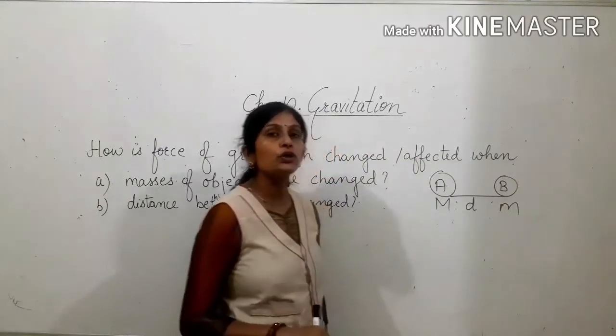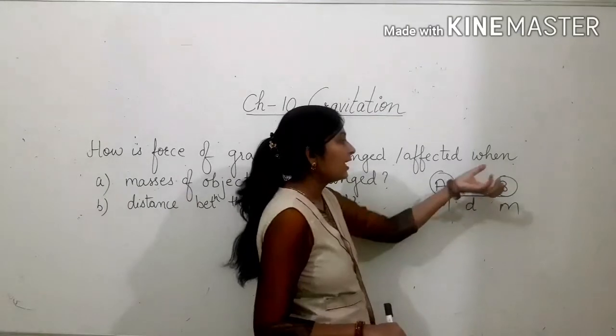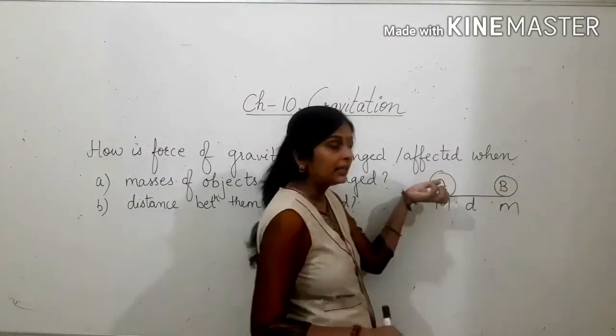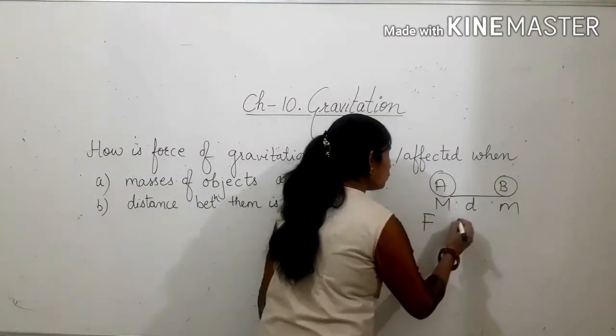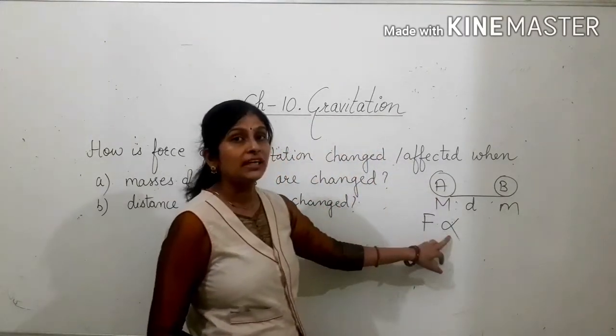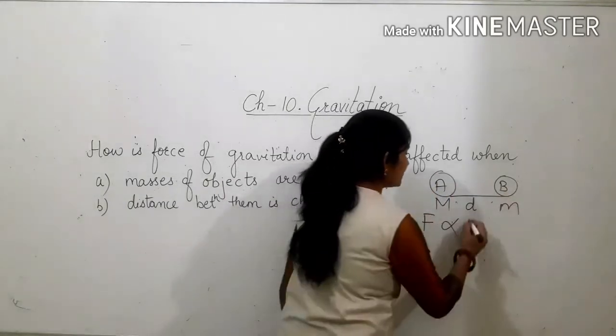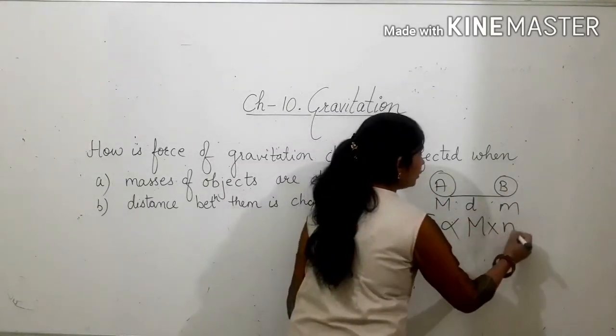Now, according to the universal law of gravitation, object A attracts object B with a gravitational force F, which is directly proportional, directly dependent on the product of their masses, that is M into m.